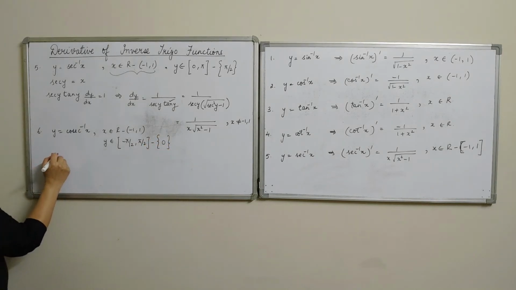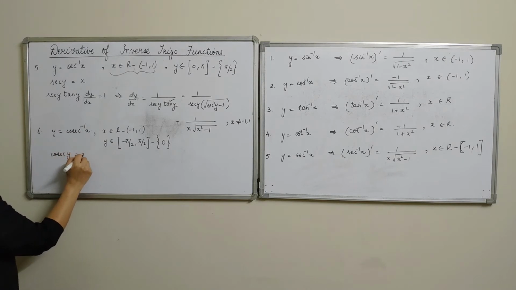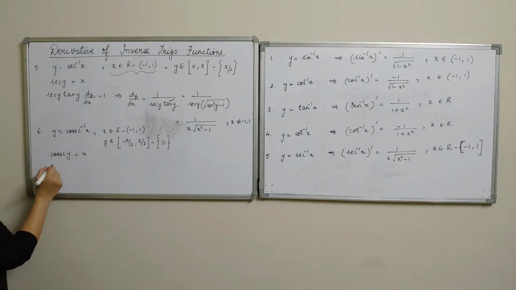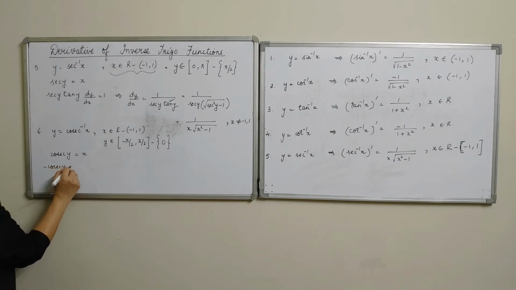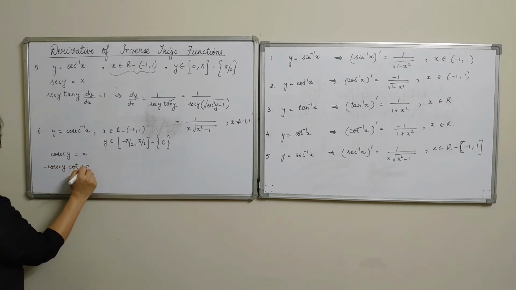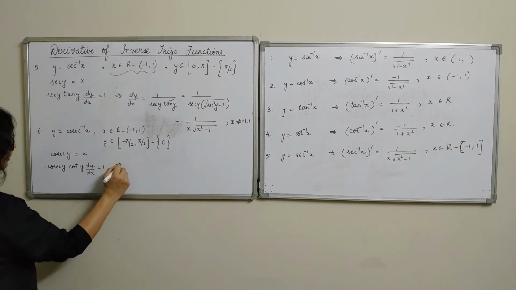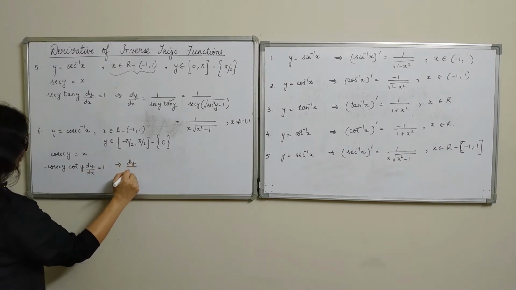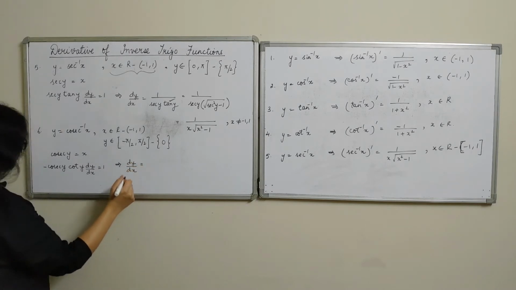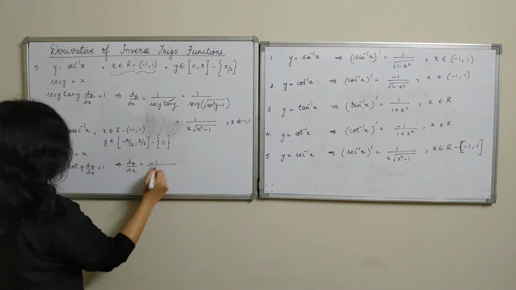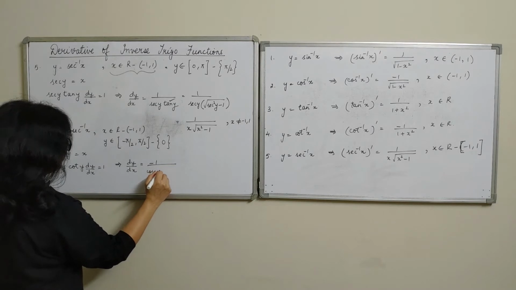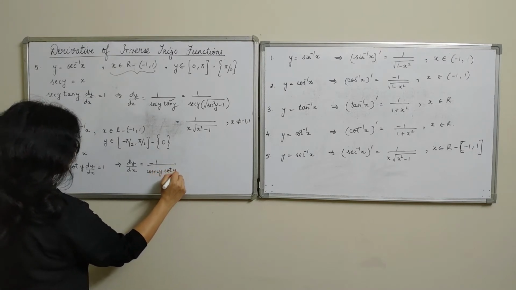So the equation can be written as cosec y is equal to x. Differentiating both sides with respect to x, we get minus cosec y cot y dy by dx is equal to 1, which means dy by dx is minus 1 upon cosec y cot y.